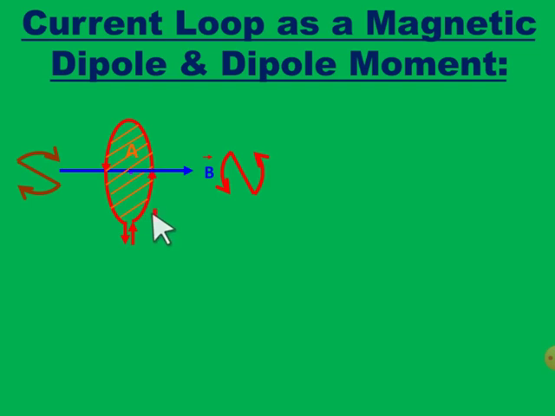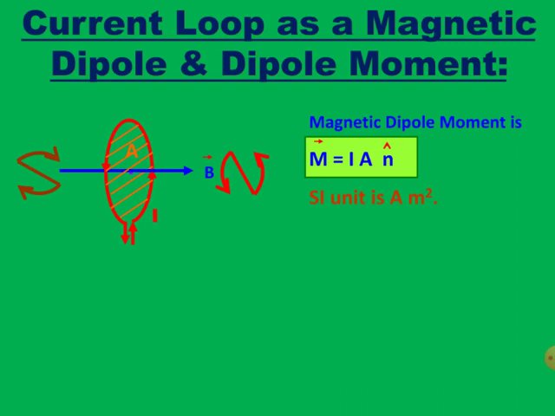So magnetic dipole moment is nothing but the strength of the dipole. In this case it is the strength of the circular current carrying coil, which is just acting like a dipole.